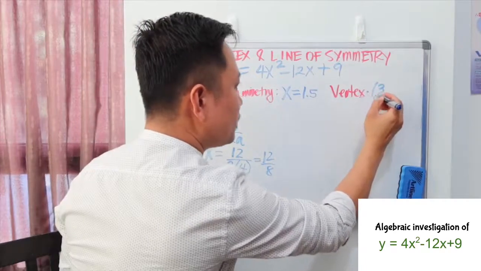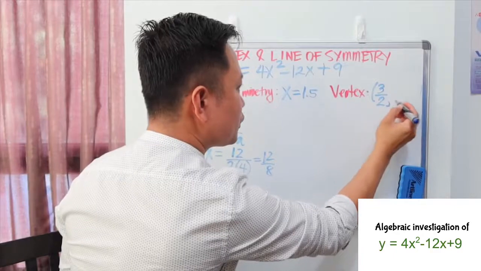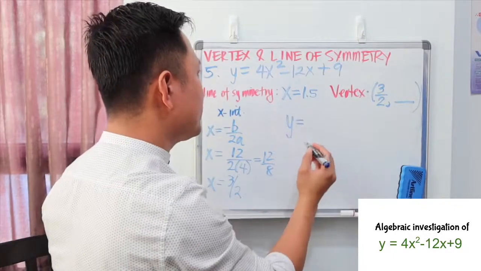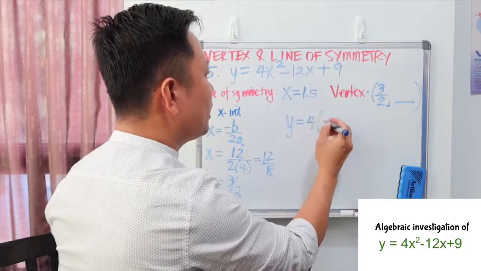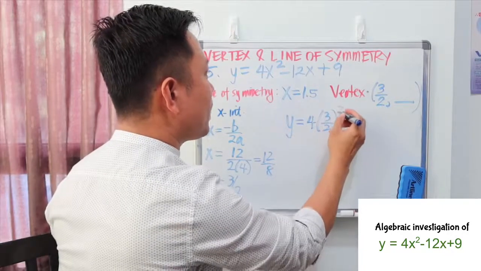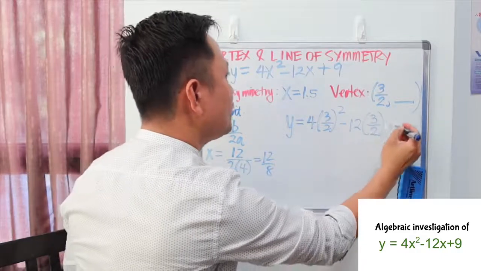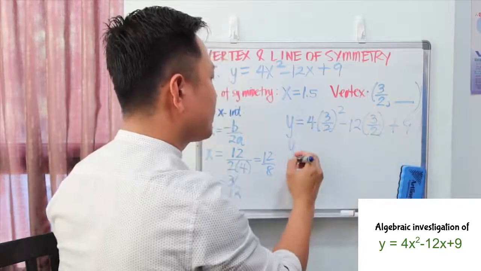Again, the x-coordinate of our vertex is 3 over 2. Now we will substitute 3 over 2 into the quadratic function. So we have 4 times 3 over 2 squared, minus 12 times 3 over 2, and then we have plus 9.